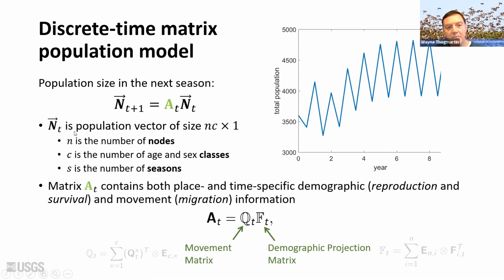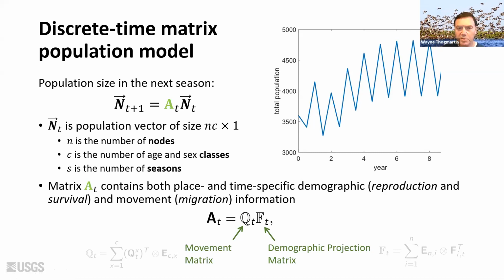This population size is a combination of the populations across the nodes and across the seasons, so it's a time and place specific number of individuals. We can further delineate those individuals by the age and sex classes in which they occur. So we modify this population size vector with an A matrix that contains both place and time specific demography and movement. It's comprised of these two matrix components.